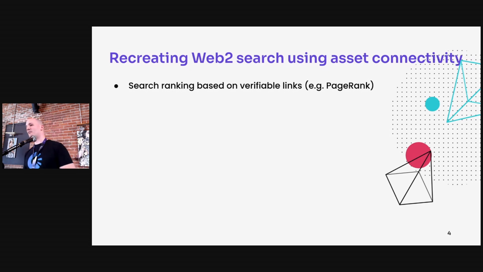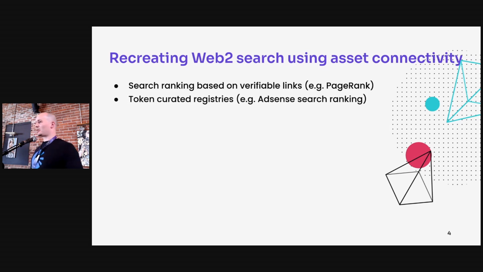So if you have a very relevant website, a lot of other websites will link to it. I don't know, CNN.com, there's a lot of links to it maybe, so it's going to show up when I look for news before my website, which doesn't have that many links, right? Well, now we are able to do this in a Web3 way with verifiable links. Because all of this data is verifiable, we're able to take URLs and say, all right, for this particular search term, we have this particular asset being the most relevant, using basically the same open source algorithm.